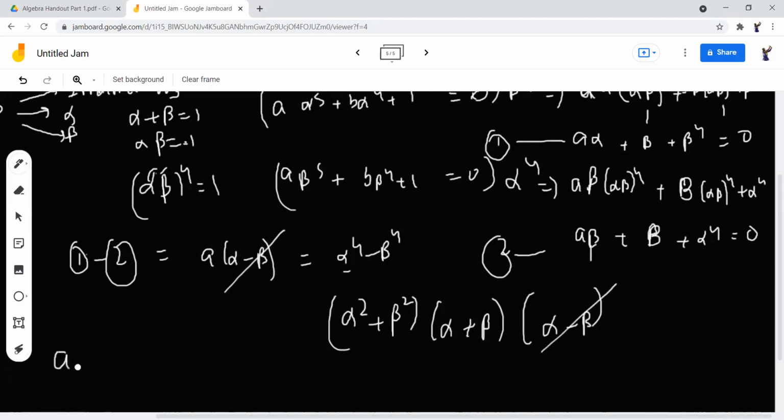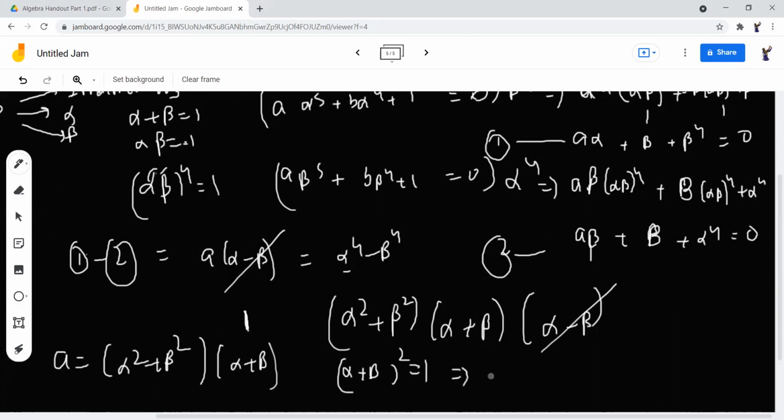So I get a equals to alpha square plus beta square into alpha plus beta, and we know that alpha plus beta is 1, and alpha plus beta whole square equals to 1. That implies alpha square plus beta square plus 2 alpha beta equals to 1, and 2 alpha beta is nothing but minus 2.